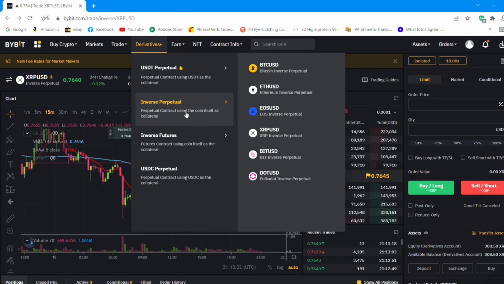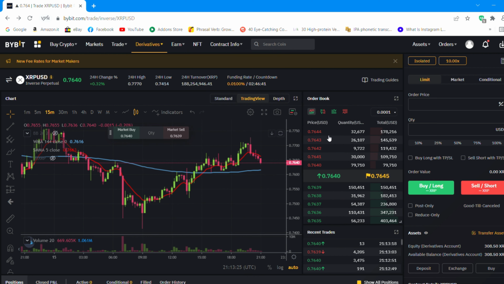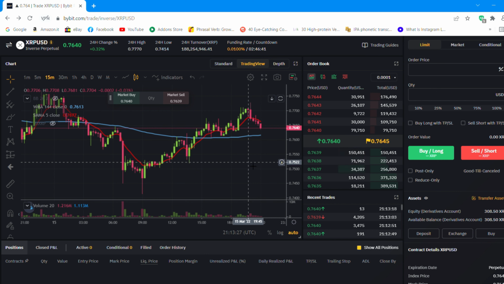Now, for inverse perpetual, I'll go over to XRP. Again, I started my life as a trader trading Matic and Link, and then I was trading ETH for a little while, and then I switched to XRP. So back in September, I switched to XRP.